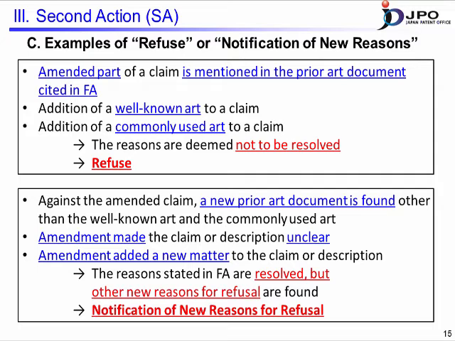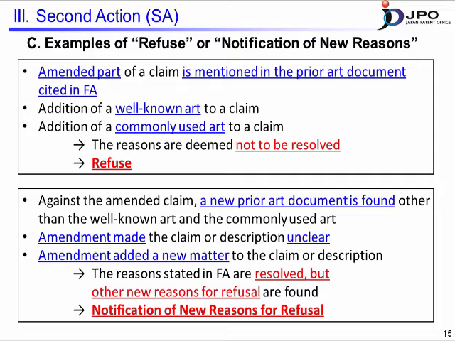Next, the following are cases in which the notification of reason for refusal is sent in the SA. Cases where the amendment resulted in the claim or description becoming unclear. Cases where the amendment added a new matter to the claim or description. Cases where a new prior art document is found against the amended claim.